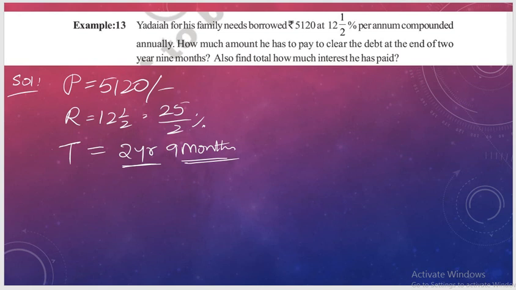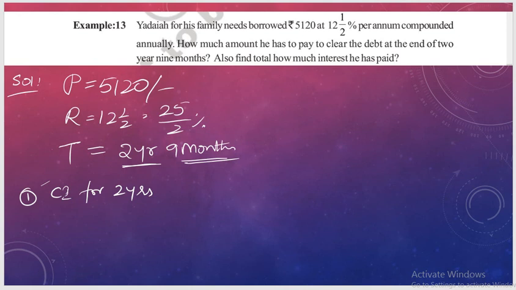For 2 years we need to find compound interest, and for 9 months we need to find simple interest, right? That means this follows 2 steps. First step is compound interest for 2 years, and the second step is simple interest for 9 months.